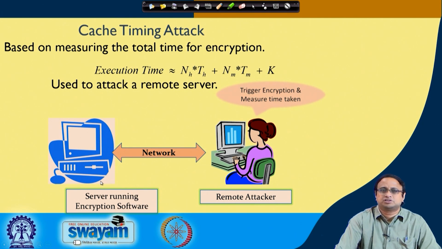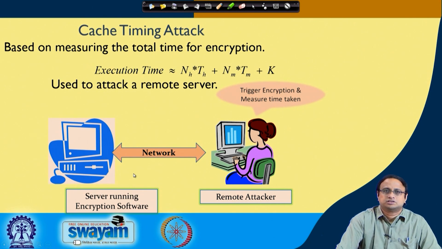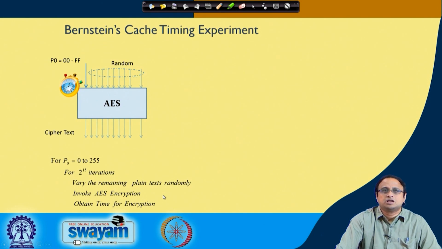It is similar to the template attacks we have seen in the context of side channel attacks. This work was primarily initiated by Bernstein in 2005, which showed how we can perform a cache timing experiment.